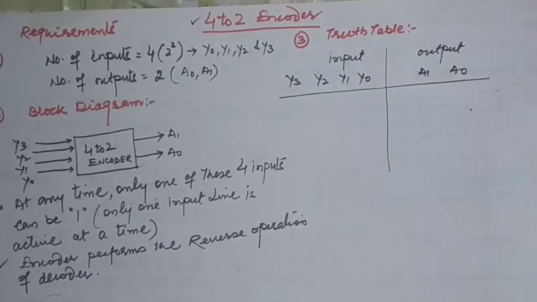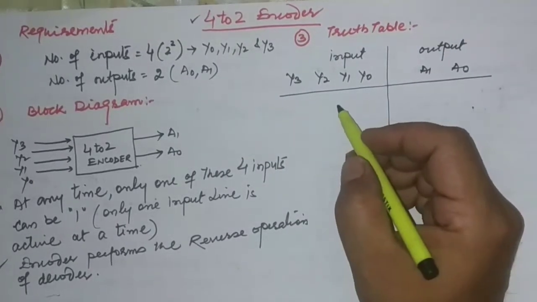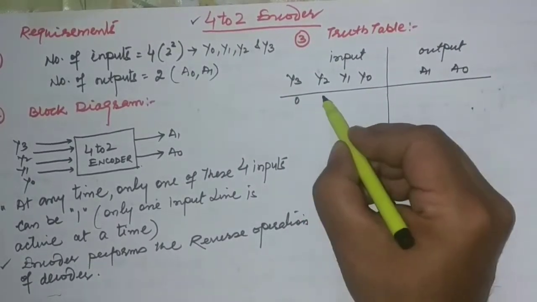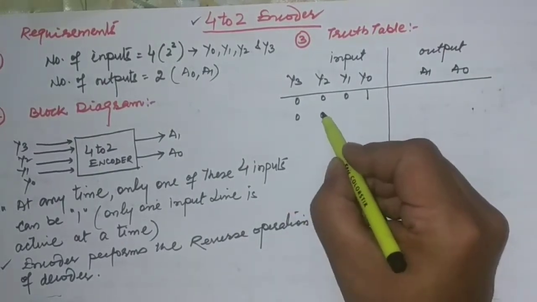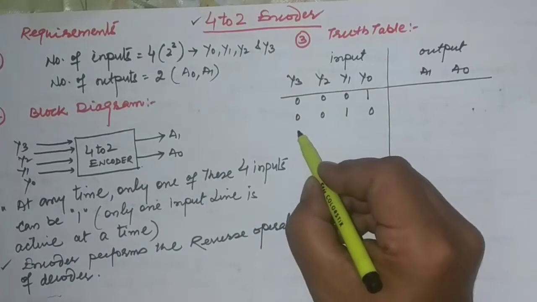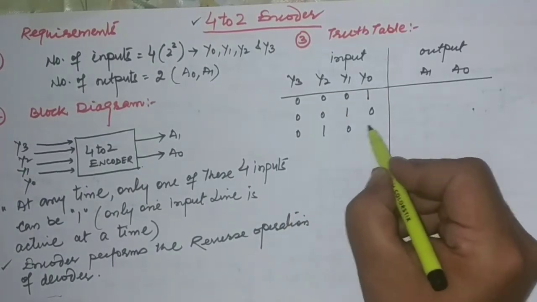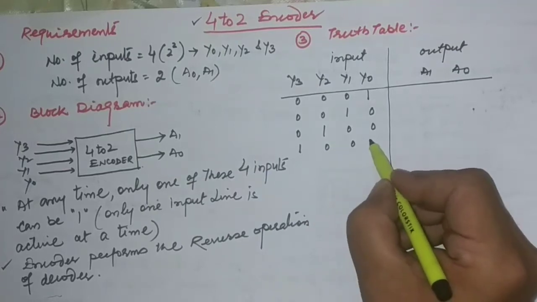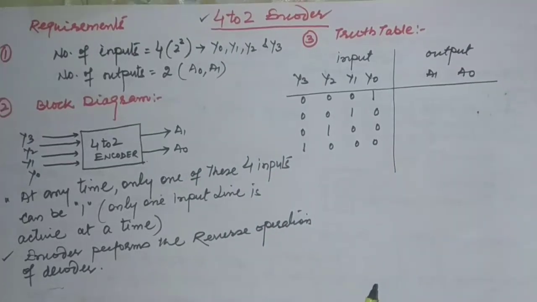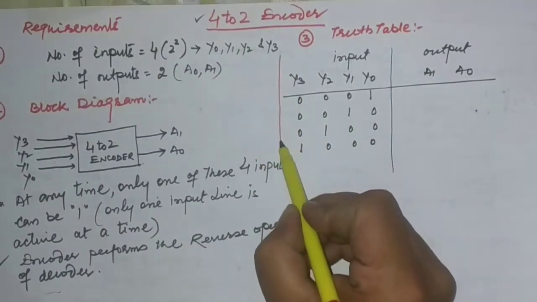Because only one input can be active high, first consider y0 is high, now consider y1 is high, now y2 is high, and now y3 is at a high value.